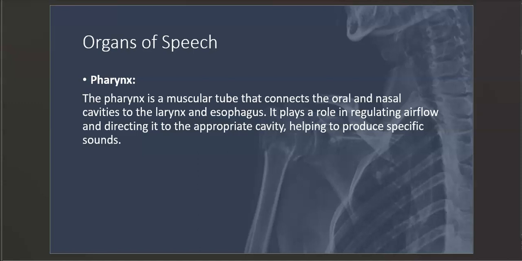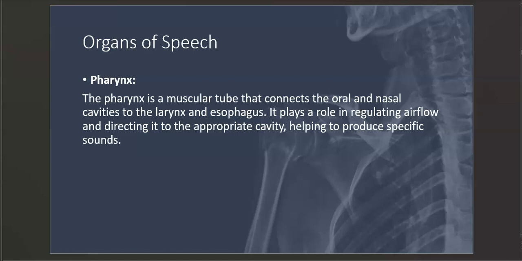This plays a very important role in regulating the airflow and directing it to the appropriate cavity. It's like the soldier that tells the air where to go. If you want to say specific sounds or words, it will direct the airflow to the appropriate cavity.